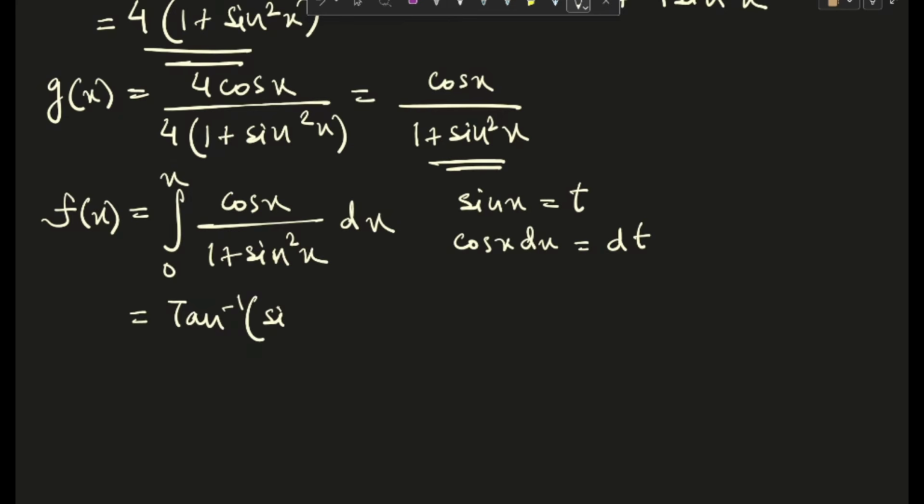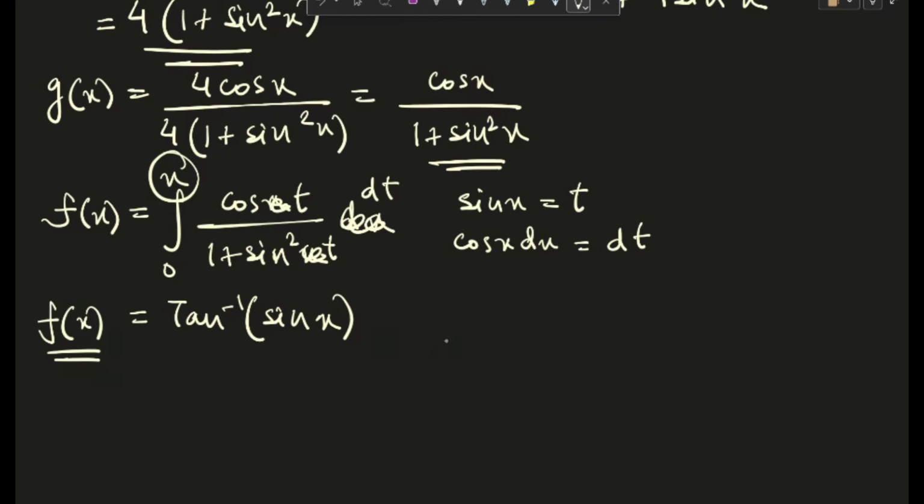Actually, I should not write this as x also. Replace this variable with some t maybe, because cosine t by 1 plus sine square t dt is better, since x is already in this part. Anyways, so tan inverse sine x is your f of x.